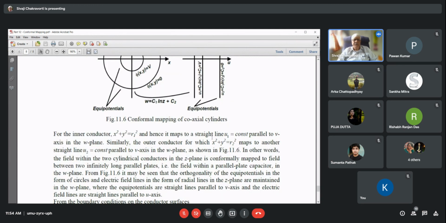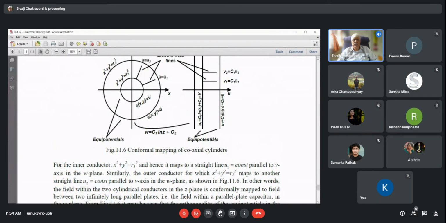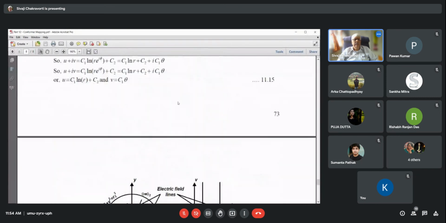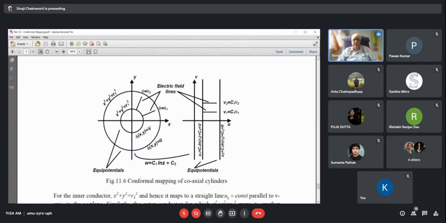And similarly, anything which is normal to the equipotential line, that means V is C1 into theta. So if theta is equal to constant, I get V is equal to constant. So let's say this first line theta is equal to theta 1, then this will be transformed to a straight line C1 into theta 1, which will be parallel to U axis.